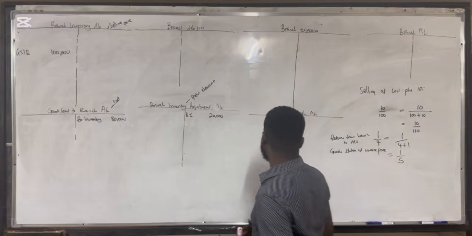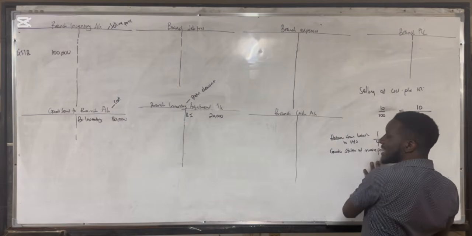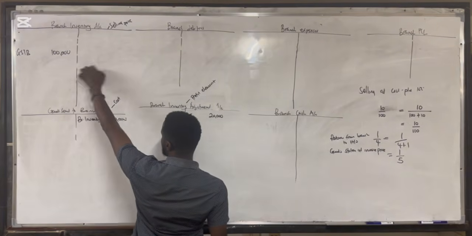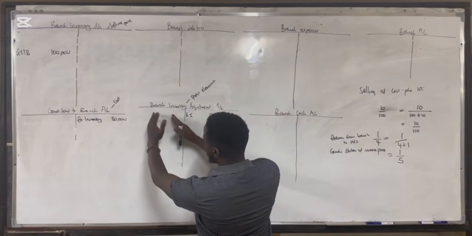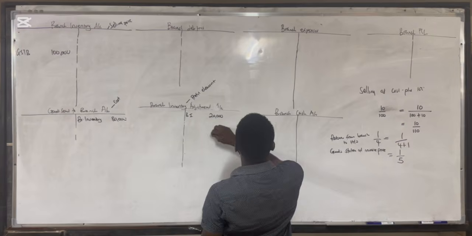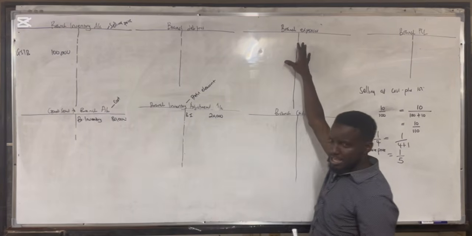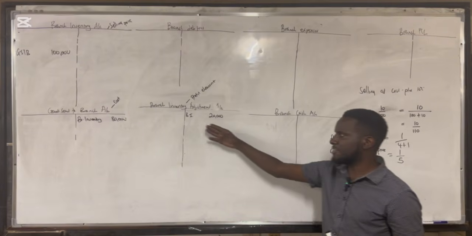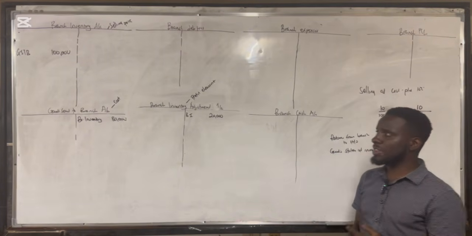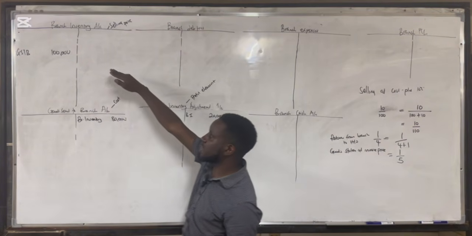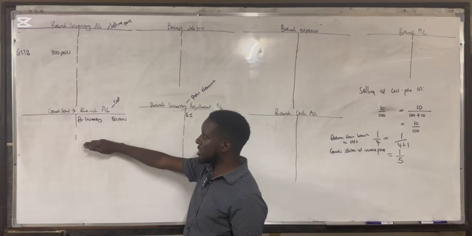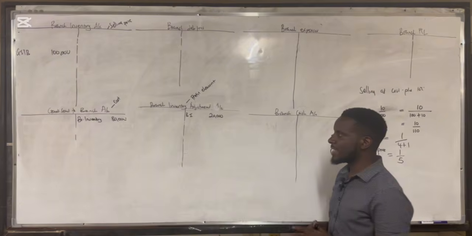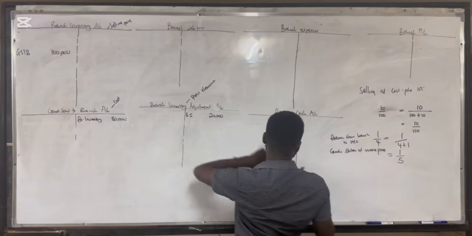But if the question says goods were stolen at invoice price, it means you write the goods stolen at the selling price or invoice price, then take out the profit element, and the cost is what you record under branch expenses. That is how you know when to record in the branch inventory adjustment account. You can only record there when, one, there's movement between the head office and the branch, and also when you see anything at selling price and its corresponding account, for example goods stolen.